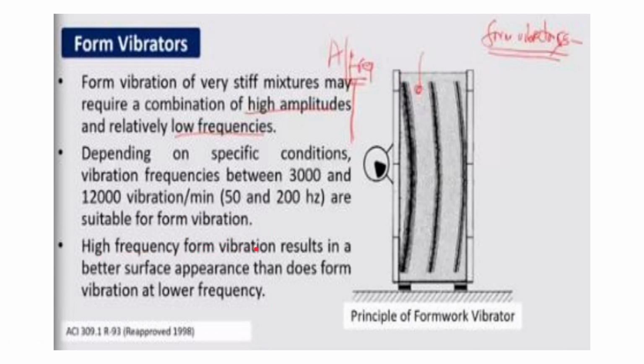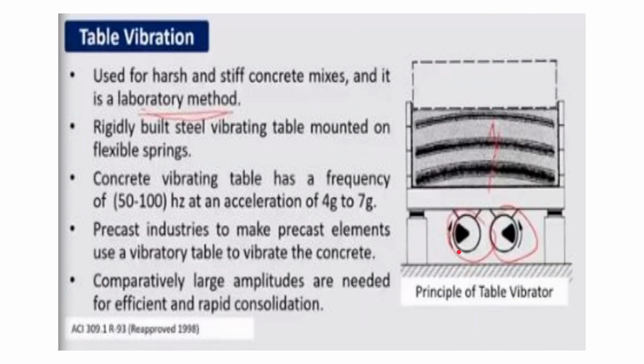High frequency form vibration results in a better surface appearance than does form vibration at lower frequency. But that might not be that much useful in case of very stiff mixture. So there is a trade-off we have to take into account. But in case of surface appearance, high frequency is better than lower. So that is all about form vibration.